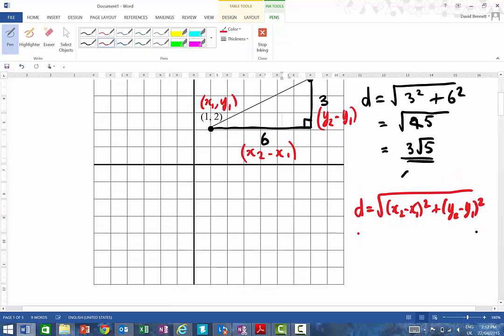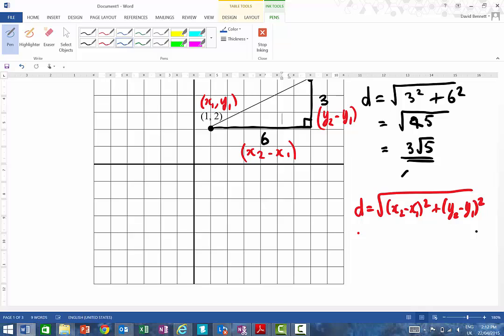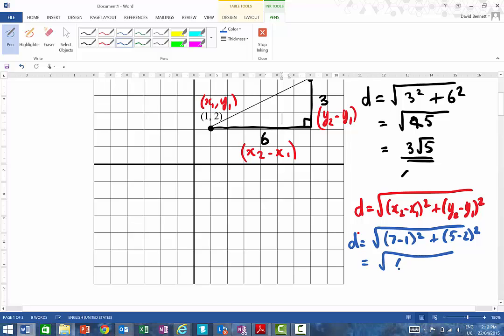Now, if I use the formula, as basically we're seeing it there, I'd say d is equal to the square root of, now looking at x coordinates, so it's going to be 7 take 1 squared plus the y value, which is going to be 5 take 2 squared. So that's going to give me the square root of 6 squared plus 3 squared, which is equal to the square root of 45, which is what we got before.